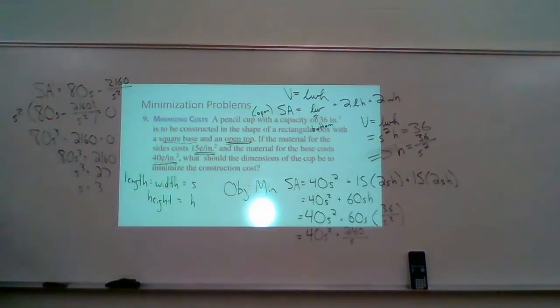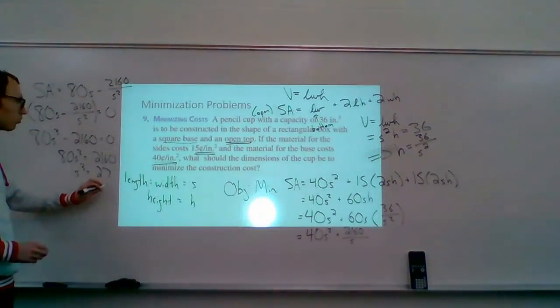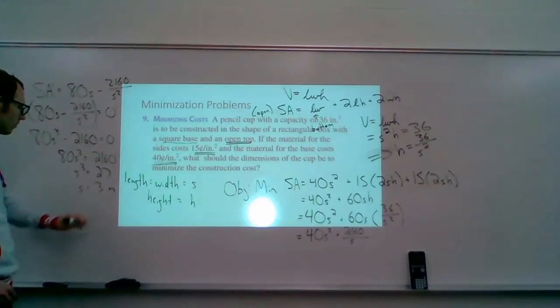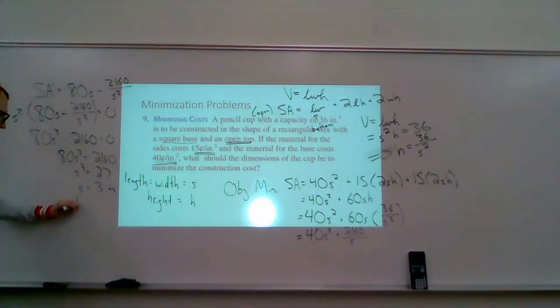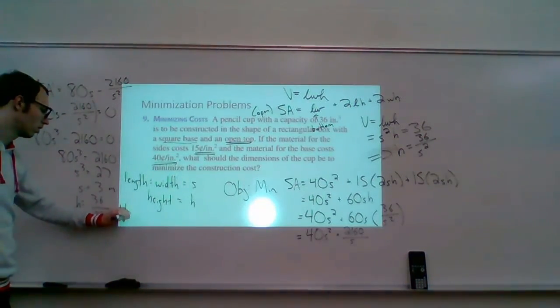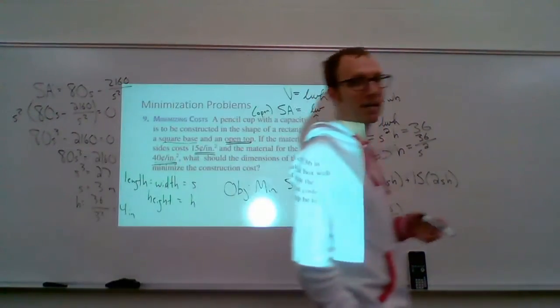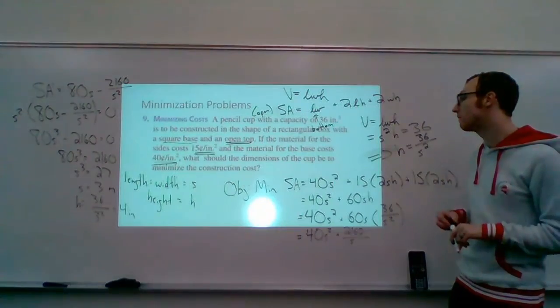And I know that one's right. That is the correct answer for S, so I feel good there. Solving for S. Now, last step, find H. H is 36 over S squared, so 3 inches. The height is equal to 36 over 3 squared, which is equal to 4 inches. So the ideal dimensions are the length and the width must be 3 inches, the height must be 4 inches.